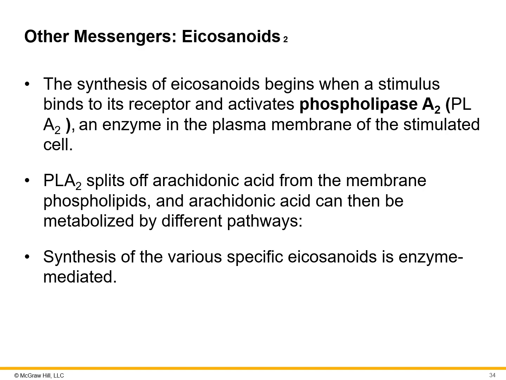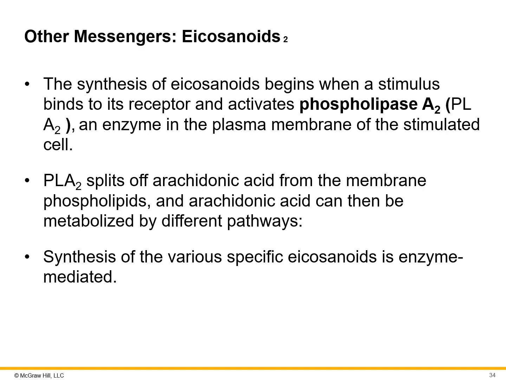The synthesis of this type of messenger begins when a stimulus binds to its receptor. So that stimulus is going to be some sort of a protein, binds to its receptor and activates PLA2, an enzyme in the plasma membrane of the stimulated cell. This is no different than what we've seen before, okay?